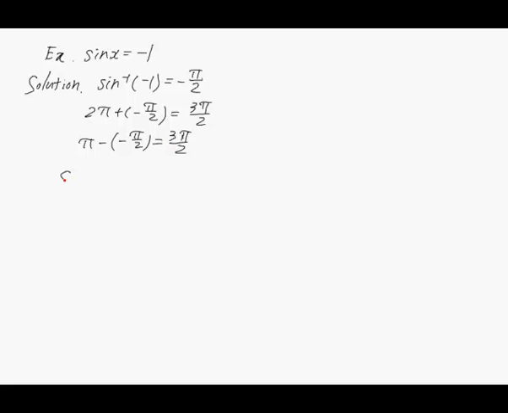So the solution set is equal to the set of x such that x is equal to 3 pi over 2 plus 2k pi. Any question?